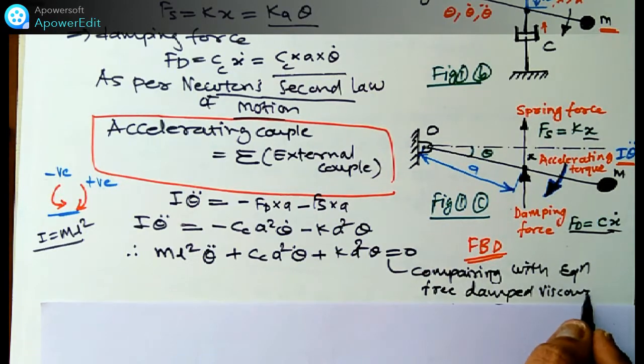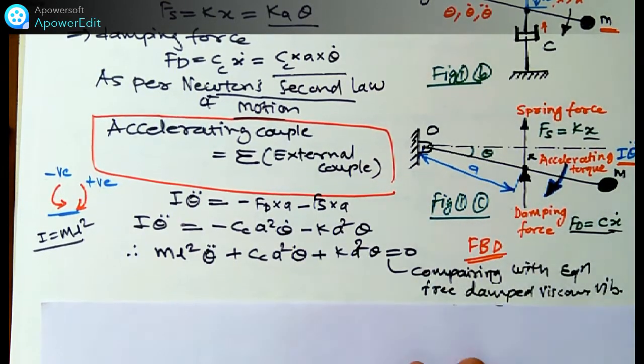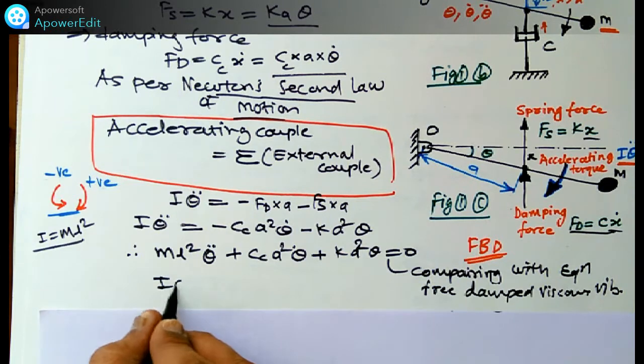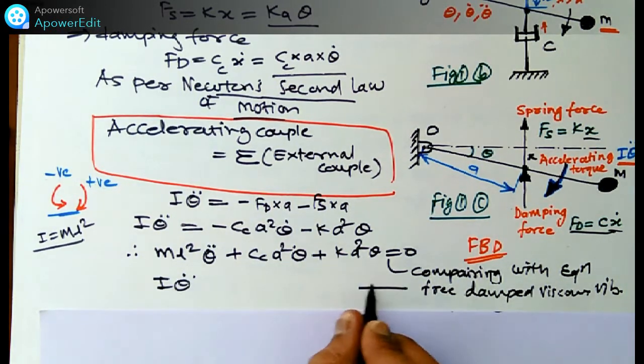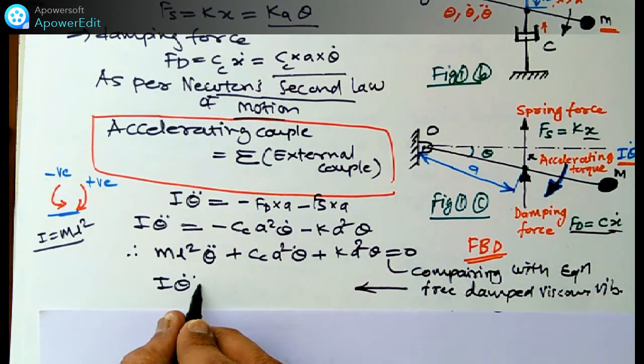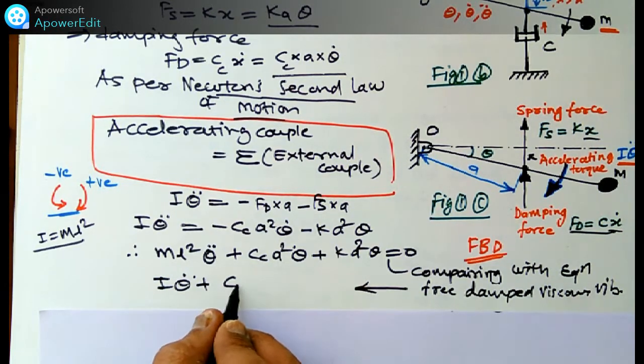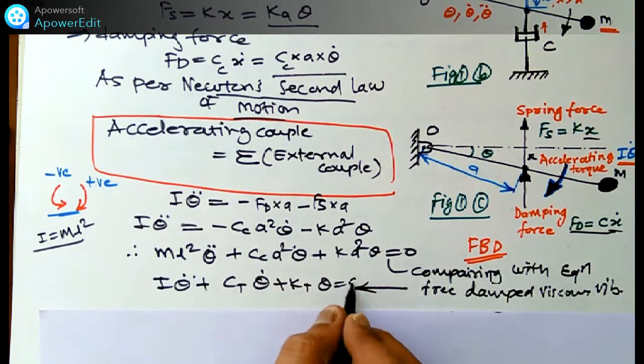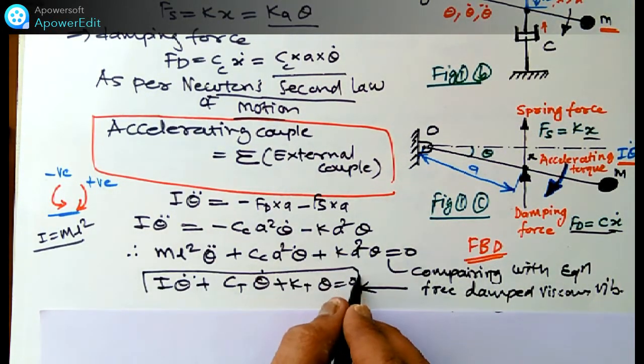Just we compared. So you can write here the equation also. For the pre-damped equation, I theta double dot plus Ct theta dot plus Kt theta, which is equal to 0. So this is the equation for this pre-damped viscous vibration, damped vibration.